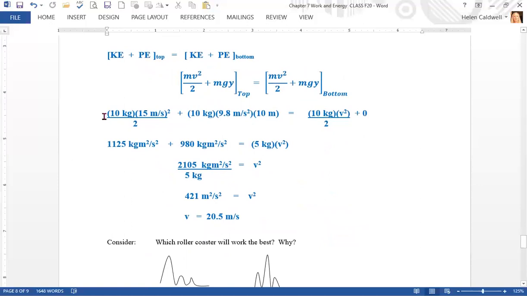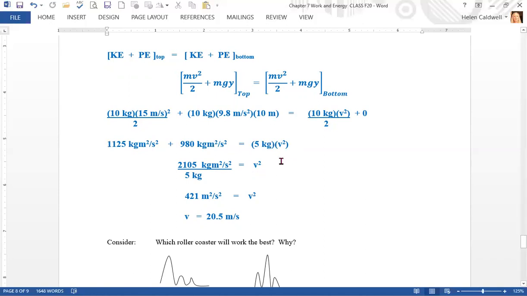All right, 10 times 15 times 15 divided by 2 equals 1,125 kilogram meters squared per second squared, which is a joule. 10 times 9.8 times 10 equals 980 kilogram meters squared per second squared, which is a joule. 10 divided by 2 is 5 kilograms, and times v squared because we still don't know that.